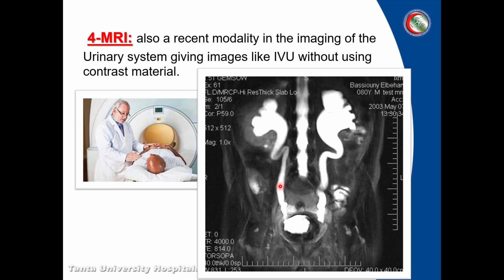So MRU is a very important modality in cases of sensitivity to contrast medium or any contraindication such as pregnancy. We can't use contrast medium in these cases, so we can replace the modality by MRU, which is very important in these cases.